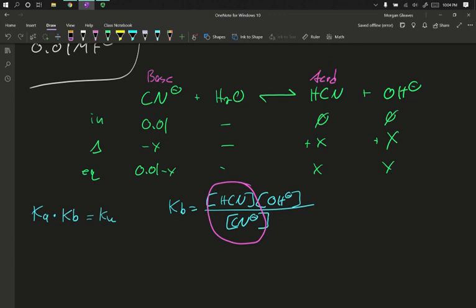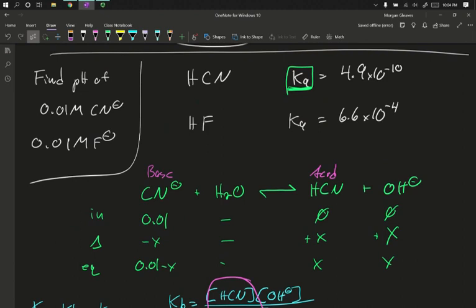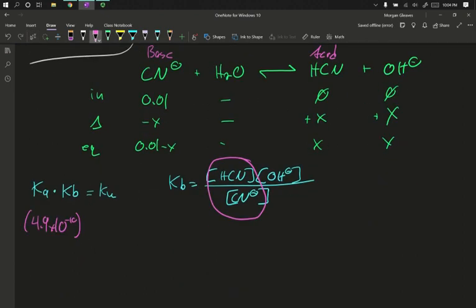We do know the Ka for the conjugate acid of this pair, 4.9 times 10 to the minus 10. That times Kb must equal 10 to the minus 14, Kw at 25 degrees Celsius. Divide the Ka across, and our Kb equals 2.041 times 10 to the minus 5.